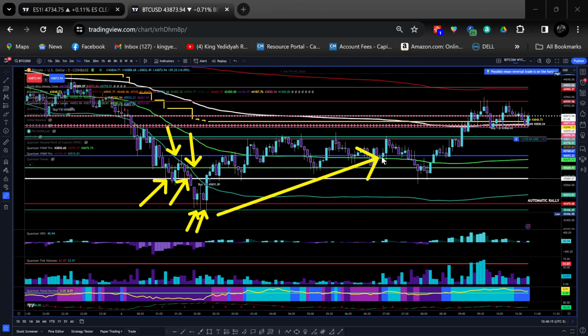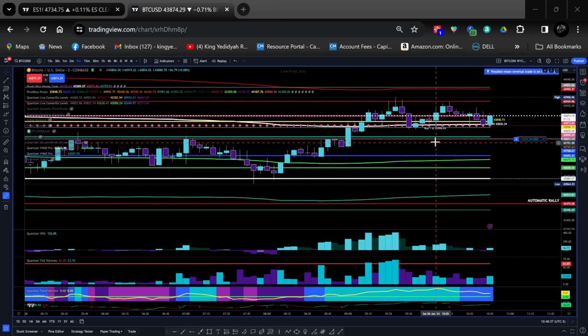So that kind of auctioned around there a little bit overnight. Then we pushed up above VWAP, which is this white line, right? And I took another buy right here above VWAP at 43,906.04, right? So I added to the position as we broke above VWAP there.